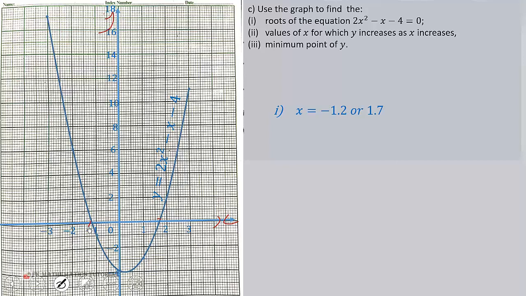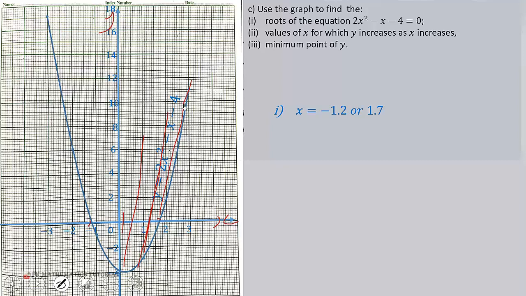Good, on the x-axis. Now we come to part two, values of x for which y increases as x increases. So y is increasing on this region and x is also increasing on that region, up to this point.